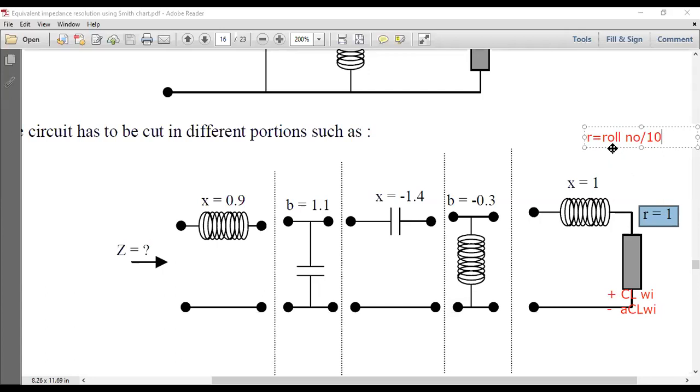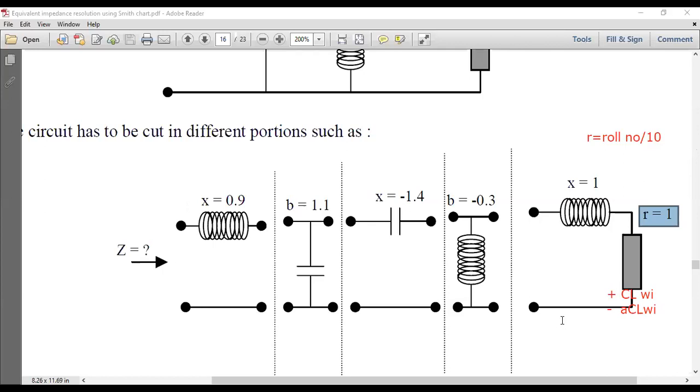Are you getting it? So this way you have to solve this problem, and the other parameters will remain the same. If you have any doubt, let me know. Otherwise, this is all from my side.